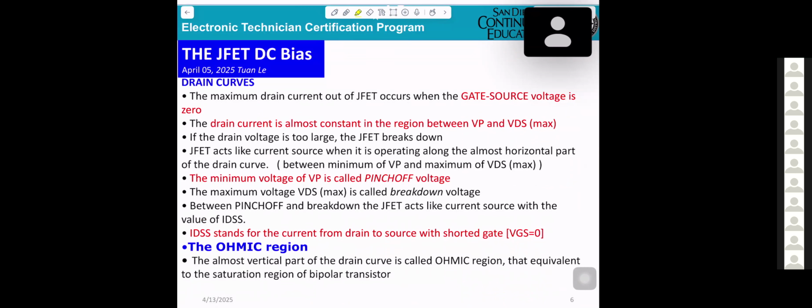The maximum drain current out of the FET occurs when the gate to source voltage is 0. That means VGS equals 0, and ID will be equal IDSS. That's the drain current.